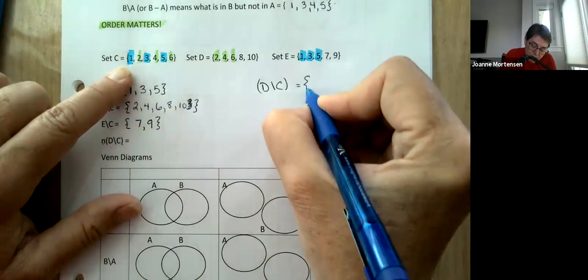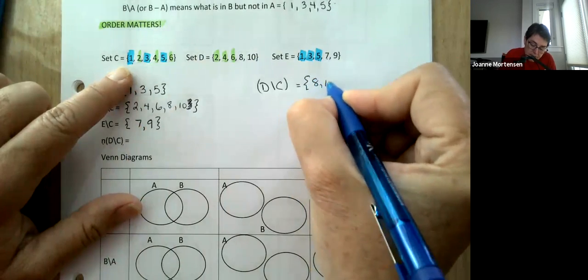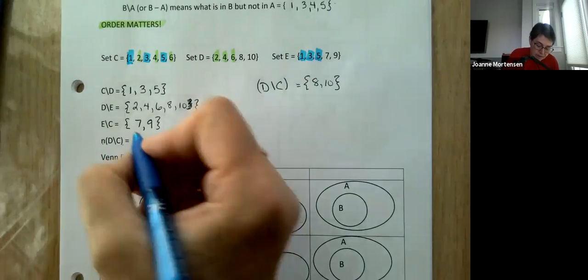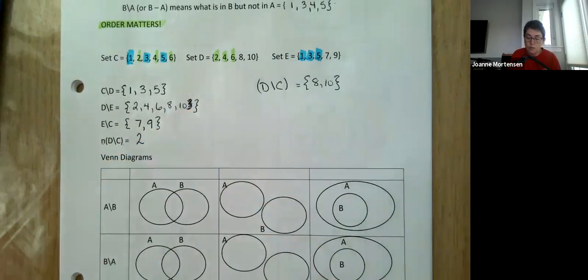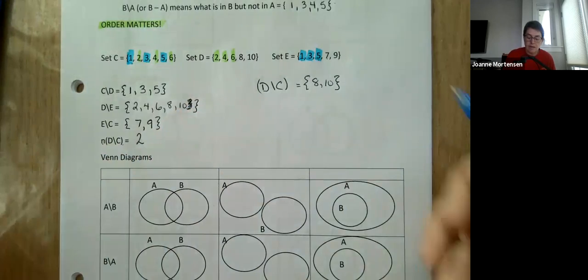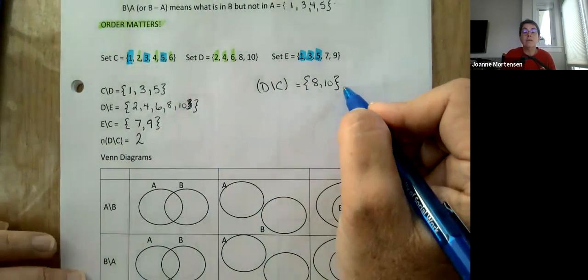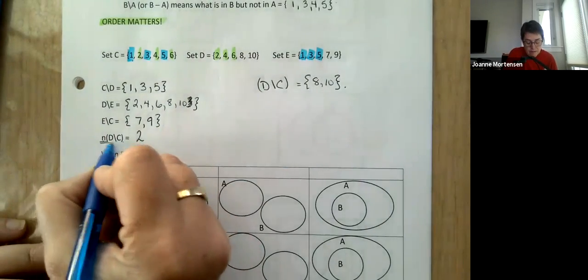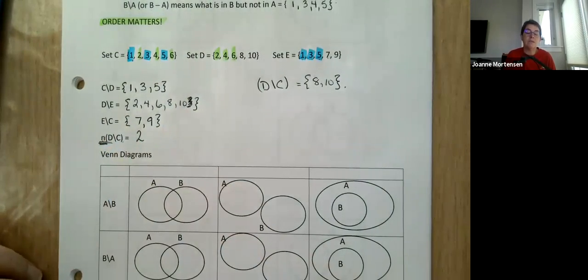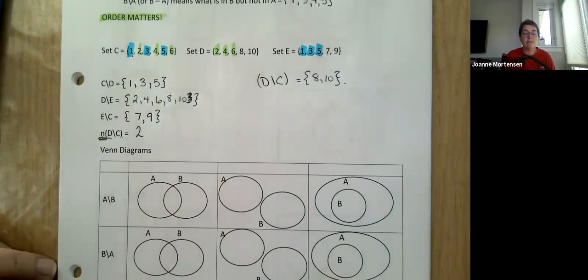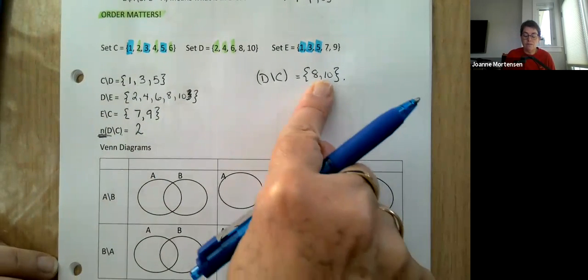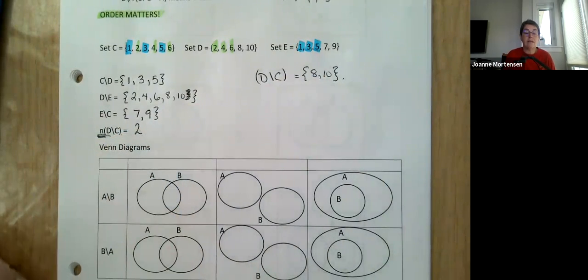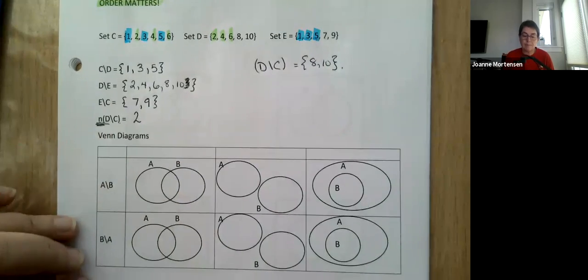So my actual set is 8 and 10, but that's not what the question is asking me. It's asking me the number, so the answer there is 2. No, you didn't have to do that, but it's easier for me to explain. So sometimes when you get these ones where they ask for the number of elements, it's easier to just do that first, then do the counting rather than trying to count and figure it out all at the same time.